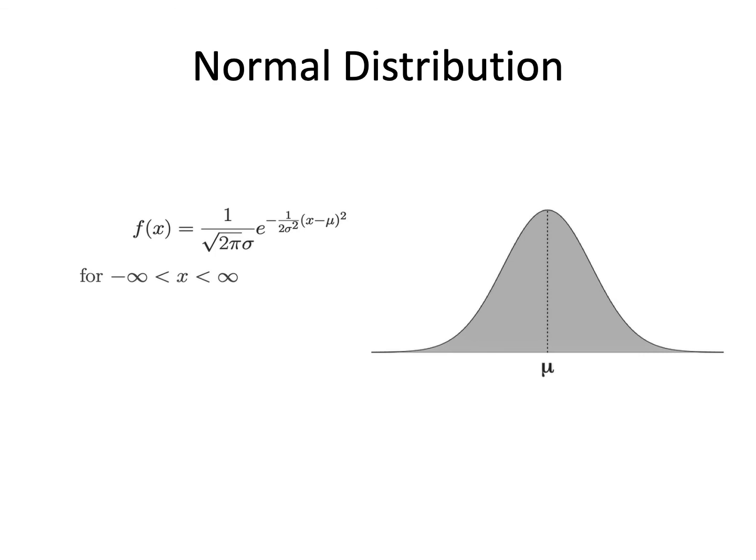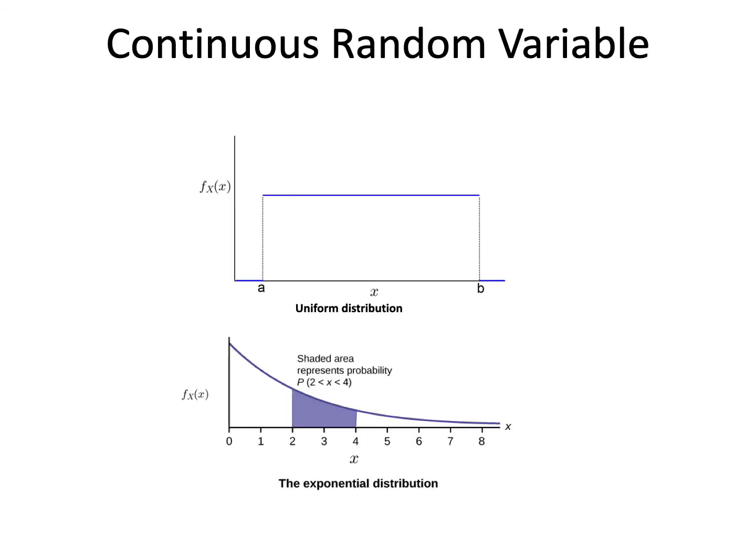Another one is the uniform distribution, where f(x) is constant over a range of all possible values of x. We can see here this distribution ranges from a to b, and it is constant over the range of a and b. Another one is the exponential distribution, which looks like this.